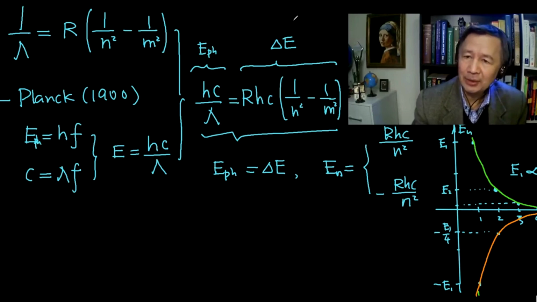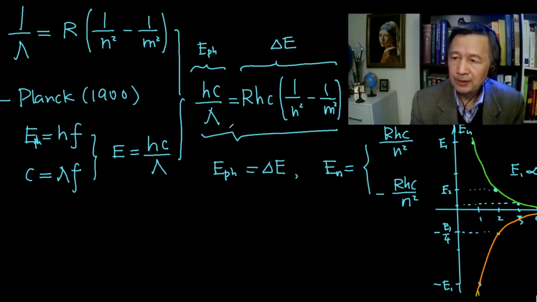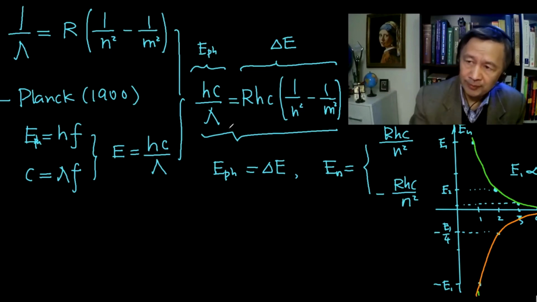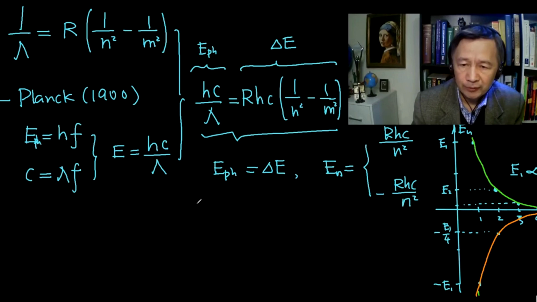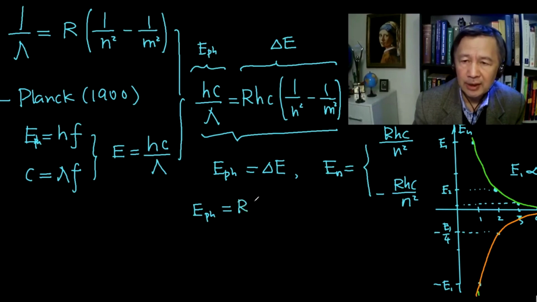But in history, Niels Bohr was the first person who thought in this direction. So basically, we have two forms for this energy relation. The photon energy can either be written as, can we just use R_H, in two forms.